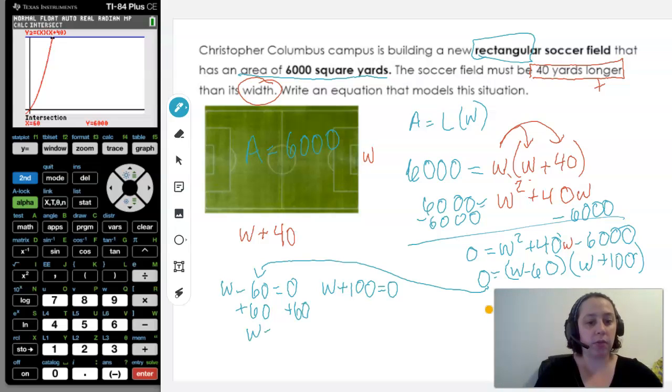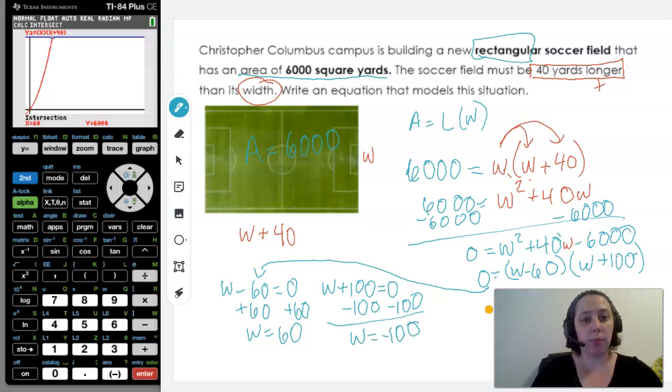You get W equals 60, and here minus 100 on both sides, you get W equals negative 100. Now we only want the positive answer. So we have W equals 60. That's our width. And to find our length, we do 60 plus 40 is 100.